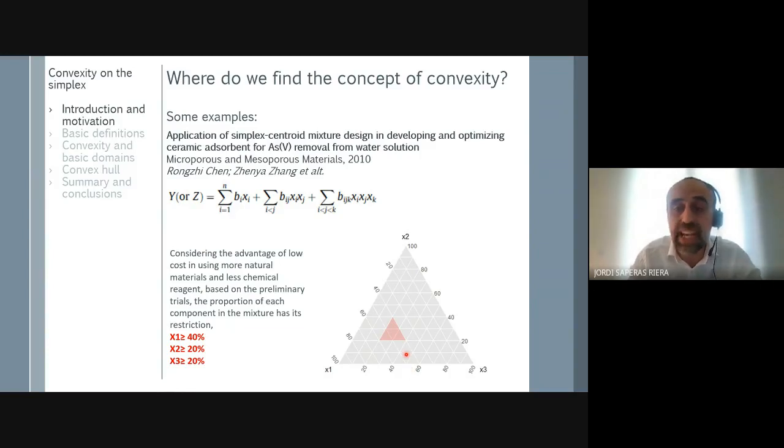But if we analyze this set from within the simplex, if I use the Hutchinson geometry, this set is not a convex polygon. We will see through the presentation that this feasible region is a convex set, but not a polygon.